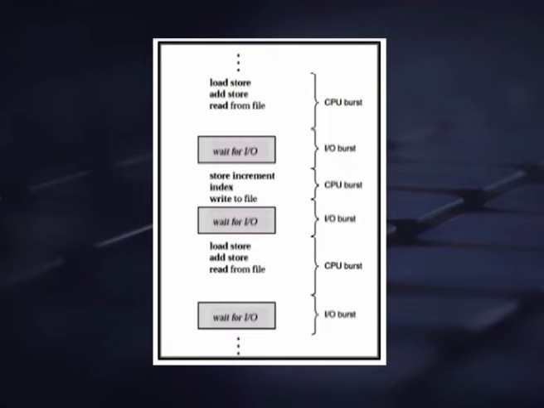Every process contains input output statements and executable statements. A set of consecutive input output statements is called an input output burst, and a set of consecutive executable statements is called a CPU burst. Generally, one process contains many alternate CPU bursts and input output bursts as shown in the figure.